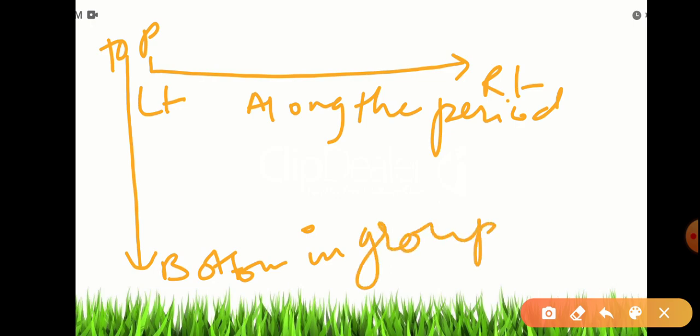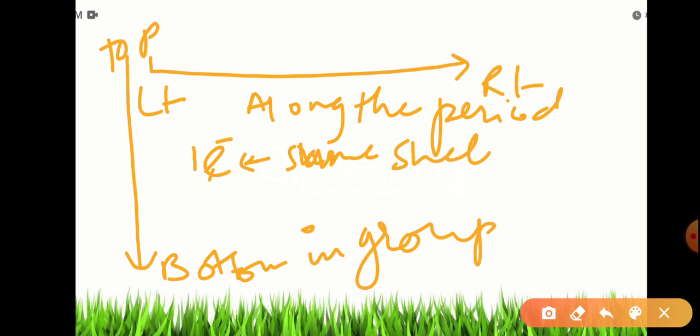So what happens to the valency? If you recollect from periods and electronic configuration, in the second period, along the period, one electron is added at a time in the same shell.